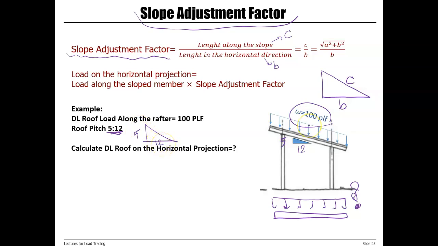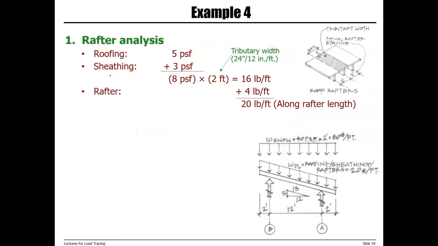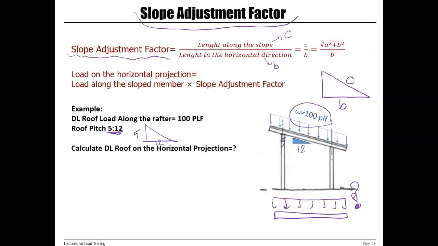And then the load that we have along the rafter or along the slope is 100 PLF. Load on the horizontal projection is equal to load along the slope member times a slope adjustment factor.